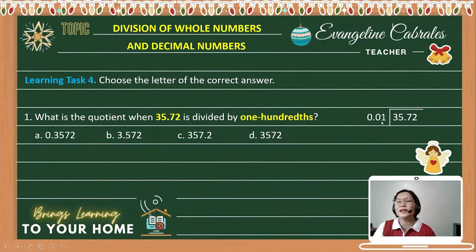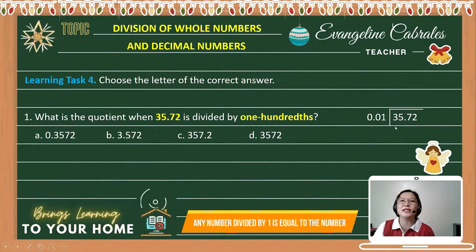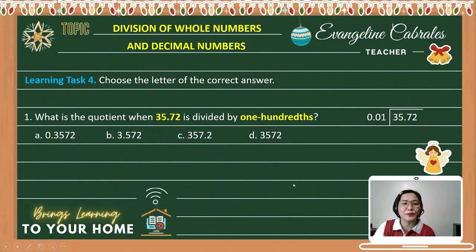So, 1 hundredths will become 1 and 35 and 72 hundredths will become 3,572. At pag dinivide mo yon dahil ito naman ay 1, 3,572 divided by 1, automatic, anong sagot? Yes, it's the same. Kasi any number divided by 1 is equal the number. So, the answer is what letter? Tama, it's letter D, 3,572.